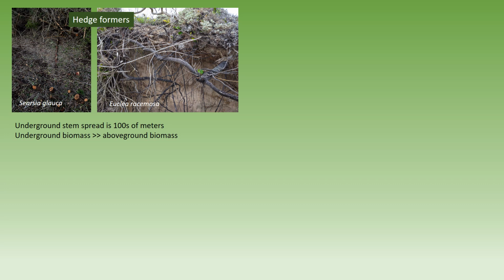The underground branches can spread for hundreds of meters, and often what one would think would be many different individuals of, say, a particular hedge former, they're all actually linked in a single system, forming a giant clone.